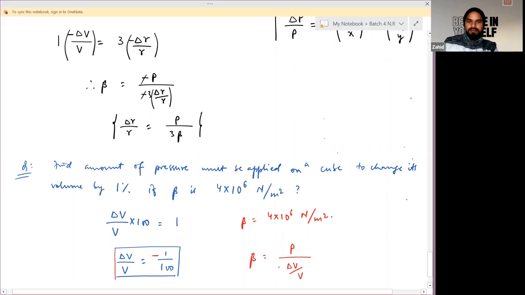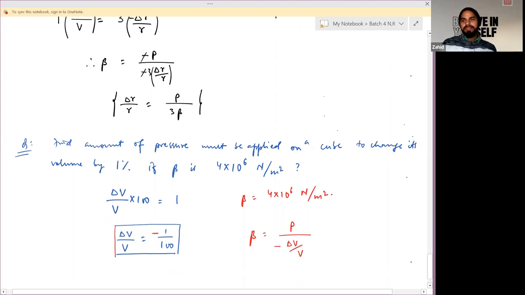Just simplify it to find the value of pressure.